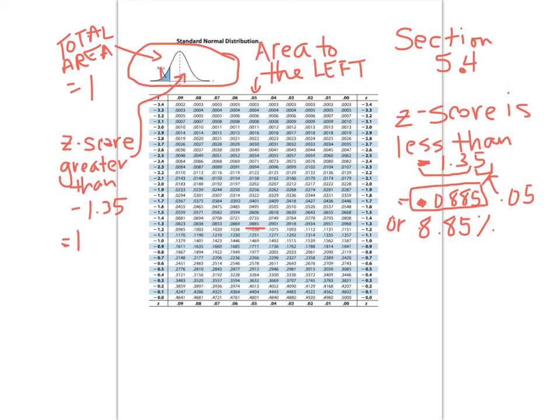So I would take 1 minus the area to the left, which is 1 minus 0.0885, because I just found the area to the left. And let me get my calculator. 1 minus 0.0885 is 0.9115.